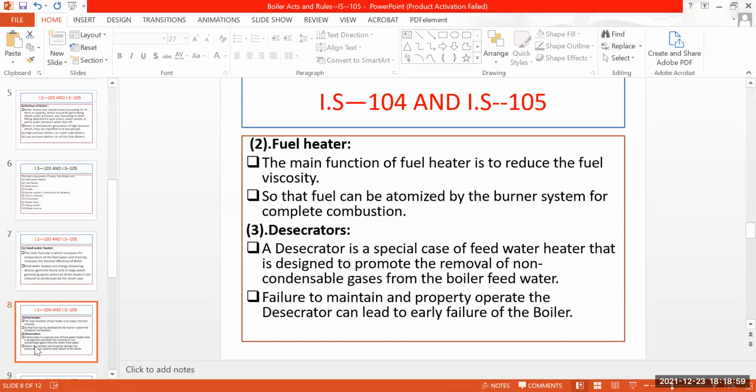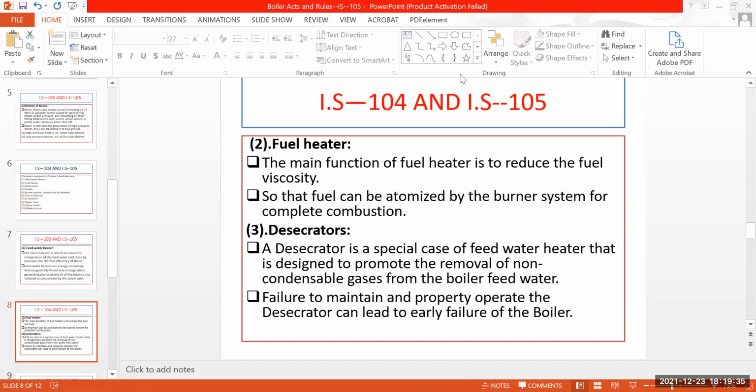Okay. Viscosity is nothing but the thickness of the fuel. Someone has measured the resistance.